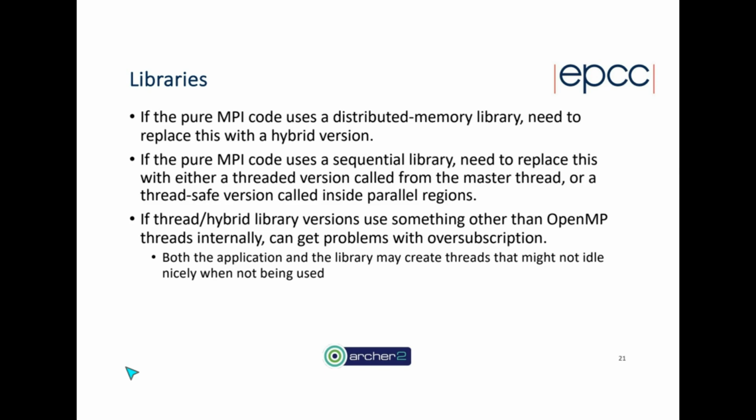The other problem you can sometimes run into is if you do have a threaded or hybrid library version, and those versions use something other than OpenMP threads internally, then we can end up with problems with oversubscription. Because what can happen is you then have two potentially competing threaded runtime libraries active in your application: both your application, which is creating OpenMP threads, and the library, which is creating something else, maybe POSIX threads internally.